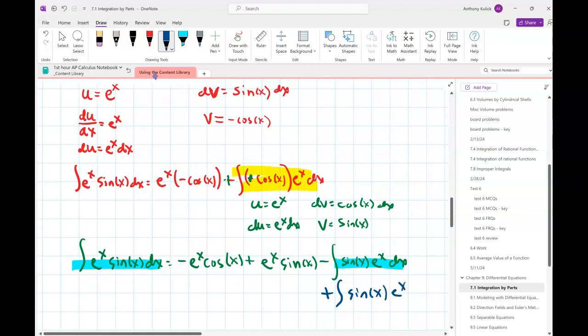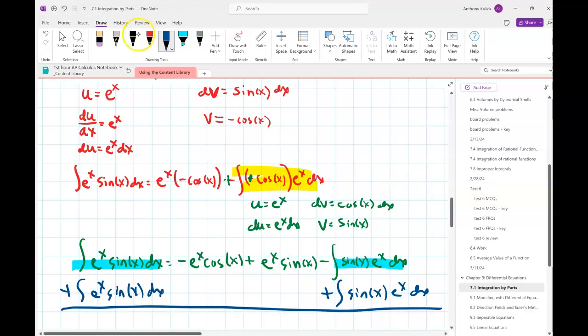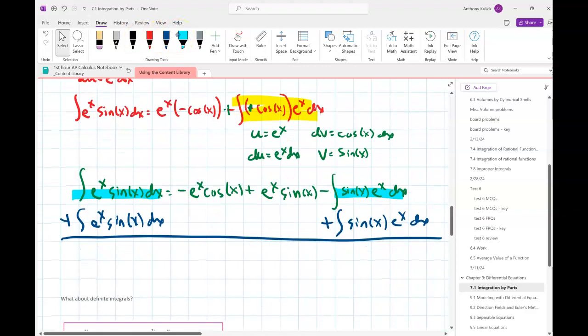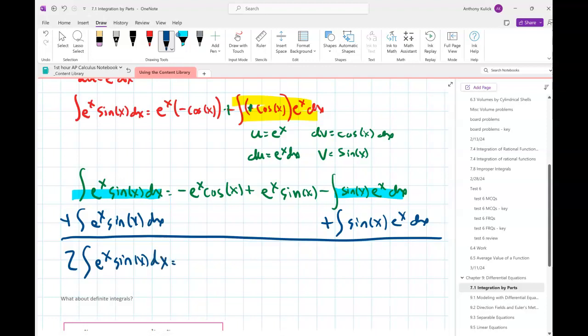Mm-hmm. And then we just divide both sides by 2. Tack a plus c on at the end, and we're done.